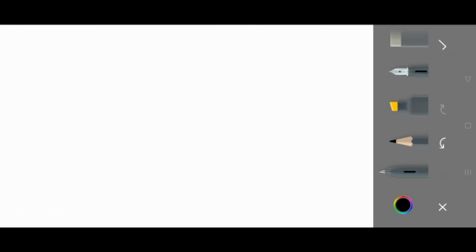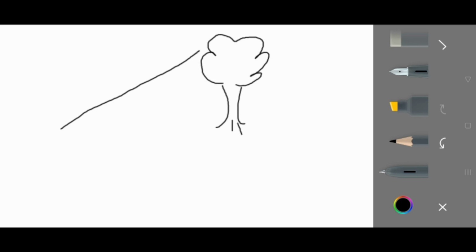There's a tree here, and here is the cat. I don't know how to draw it. And here is the man.